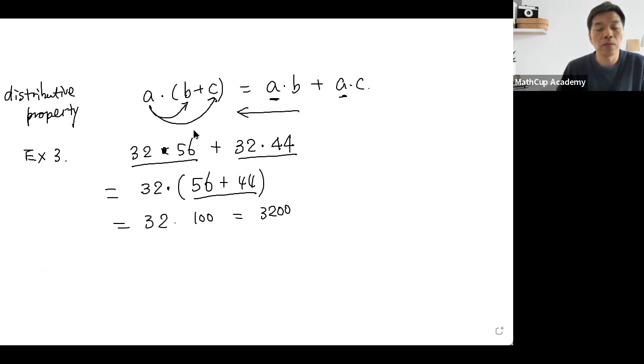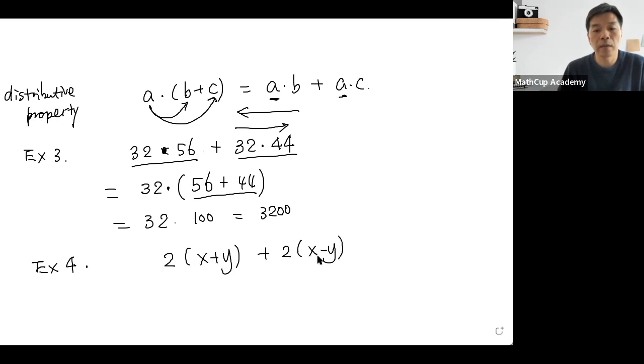Now, we also can apply the distributive law in this direction. And this is fairly common, taking out parentheses. For example, I want to calculate 2 times (x plus y) plus 2 times (x minus y).